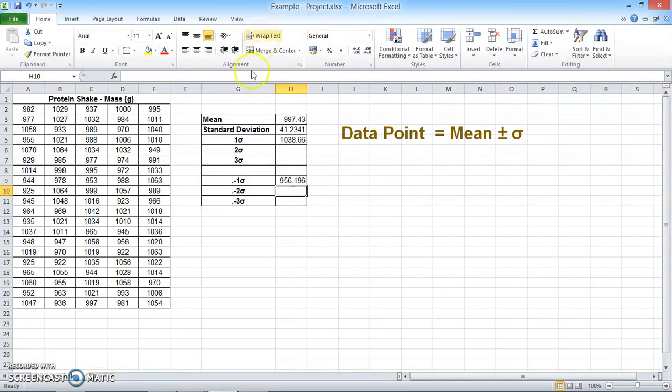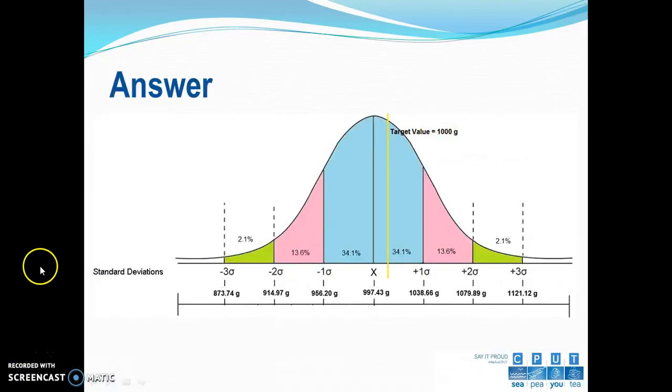So you'll be doing this for all of your data points. Alrighty, so you have all of your data points and all the necessary information. So let's put this onto your curve. So now you do have your normal distribution curve in front of you, and we have plotted our mean, which is right in the center, and your data points on either side of your mean.